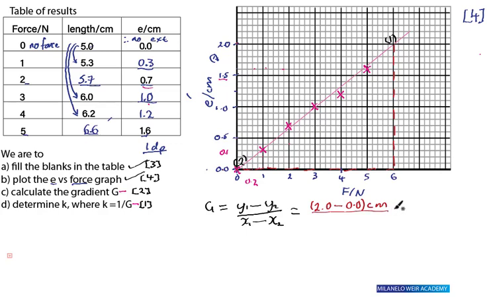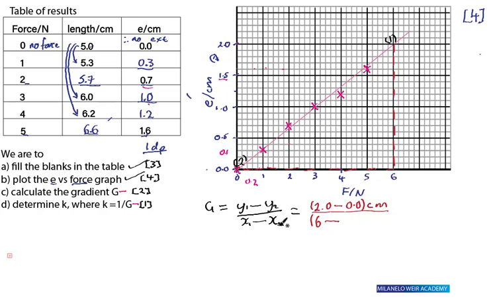Divided by x1. What is the value of x at point 1? Here is point 1. What is the value of x? Vertically downwards, we get 6. So this is 6 minus x2.